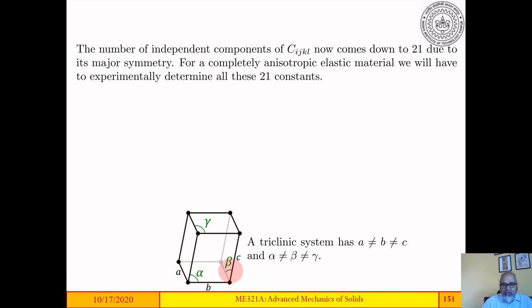So these are atoms of the triclinic system, and alpha, beta, gamma are not equal, and neither are they equal to 90 degrees. A, B, C are also not equal. So this is a rhombohedron. I don't know whether that's a correct word, but you know what I mean. It's a rhombus and forms some kind of a hedron. And the only symmetry that it has is about this plane.